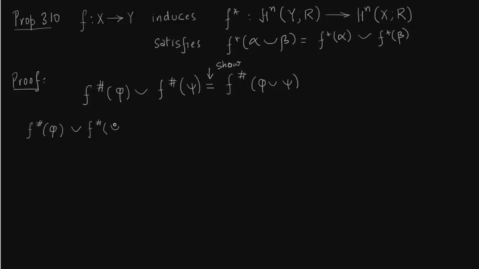You have to apply this to a singular cochain sigma of dimension k plus l, and we will then apply the definition of the cup product and split this down. I'm just copying the definition of the cup product.